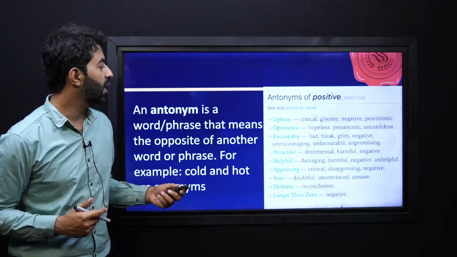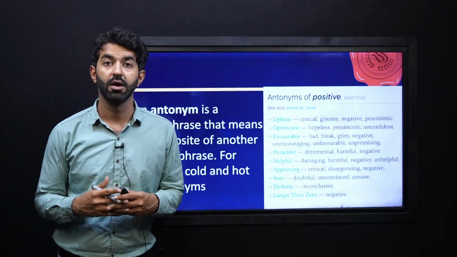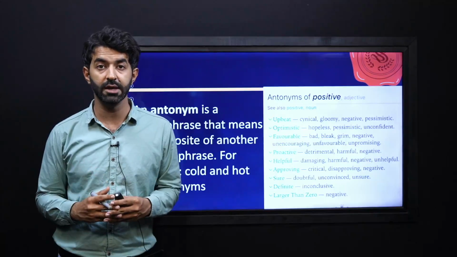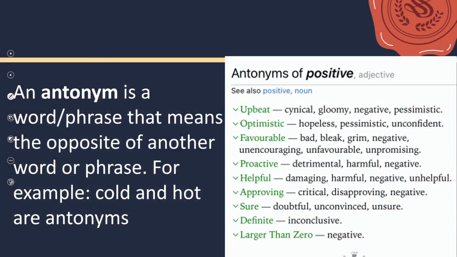Moving on to antonyms, which are totally opposite of synonyms. Let's see how they work. An antonym is a word or a phrase that means the opposite of another word or phrase. For example, cold and hot are antonyms because if you contrast cold, its opposite will be hot, and vice versa.